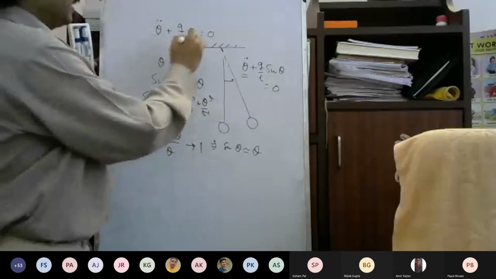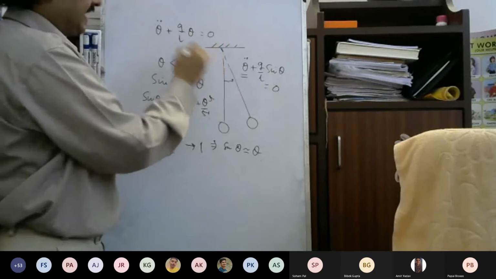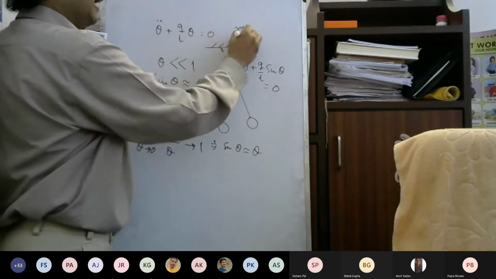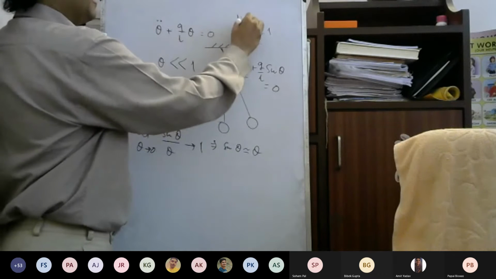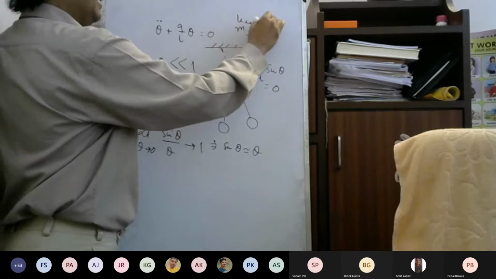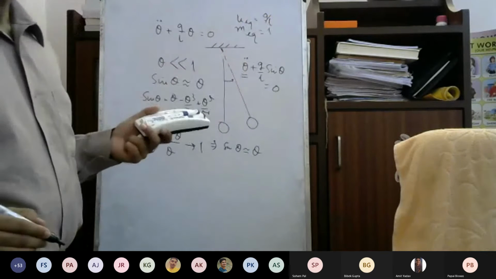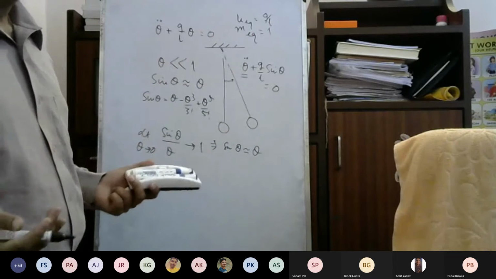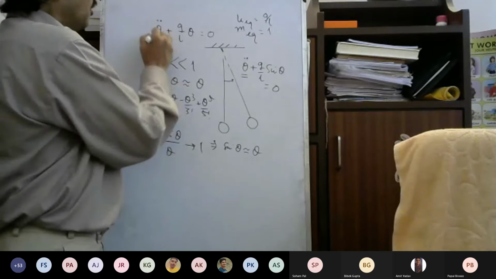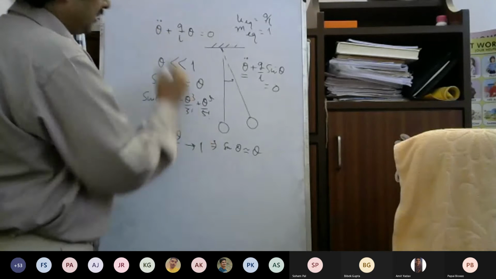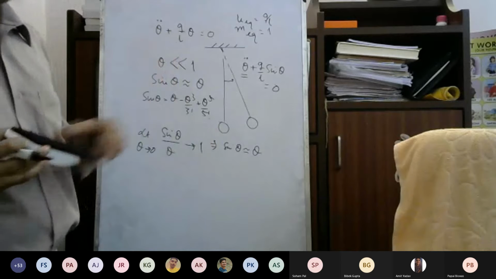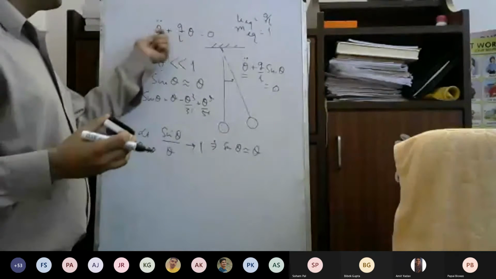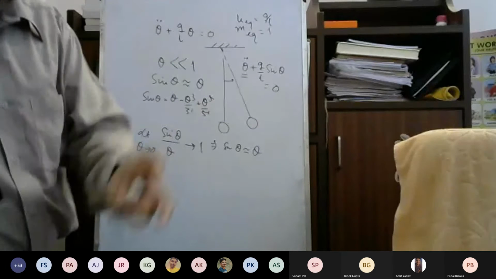Now here this is in the form m x double dot plus k x. So taking inertia, the equivalent mass m you can consider 1, and k equivalent you can consider g by L, or you can consider m equivalent as any mass and k equivalent as mg by L. Whatever you consider, this is the standard equation of motion m x double dot plus k x equals 0, the equation of motion of the spring mass system.